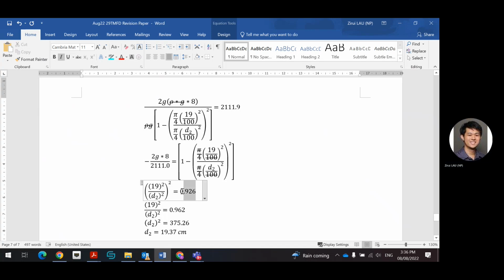So this one should be 1.074. Take the square root, 1.037. This one is 348.12. So 18.6.